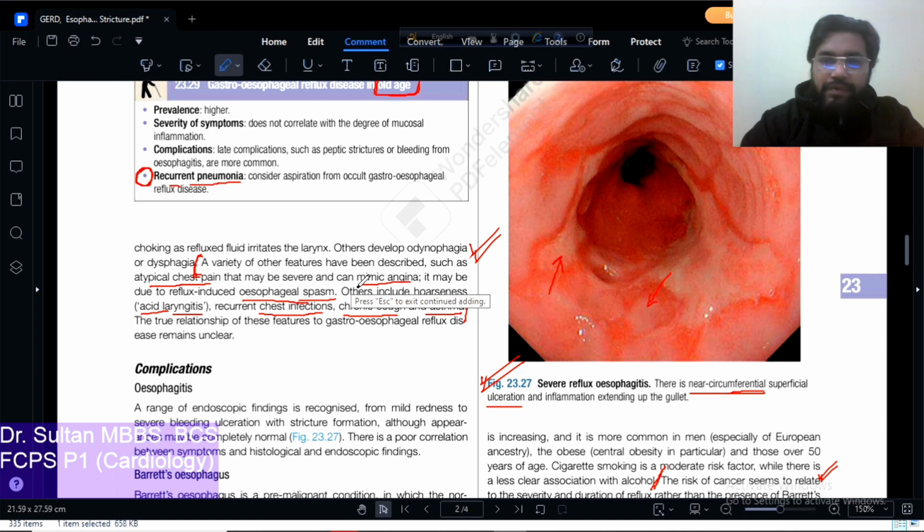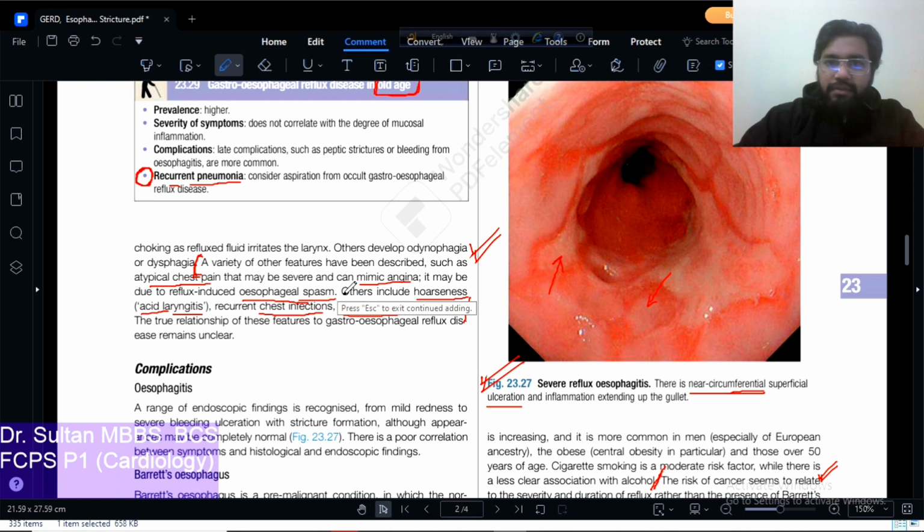The acidic content of the stomach jumps back into the esophagus and it causes esophageal spasm. And as it lies in the mediastinum of the chest, it can cause central chest pain that can mimic heart attack or angina. In that case, if you do a simple ECG or troponin I, you can easily differentiate it from a heart attack.